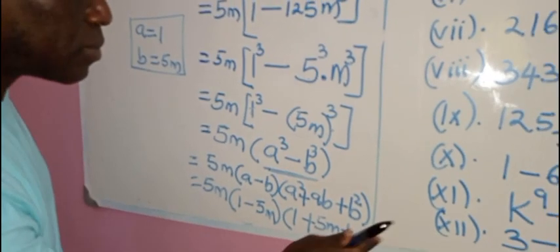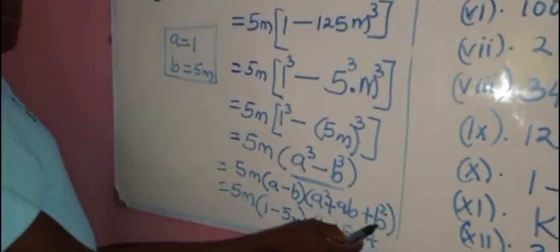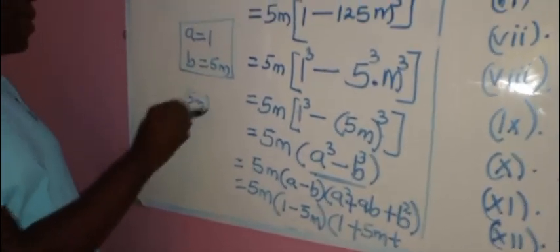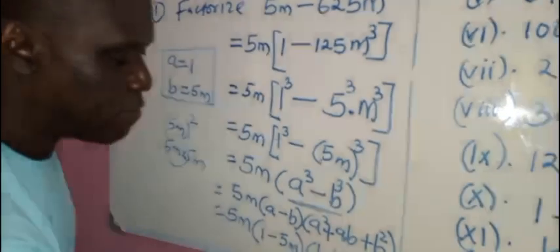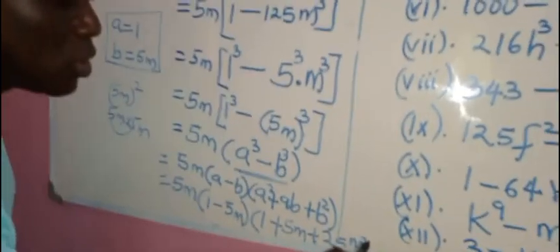Plus b squared, b is 1. What is 1 squared? That is 1.